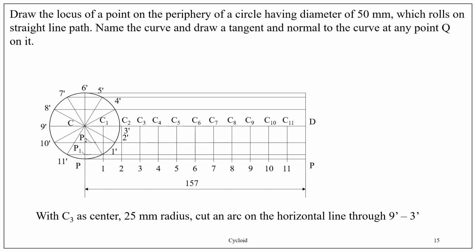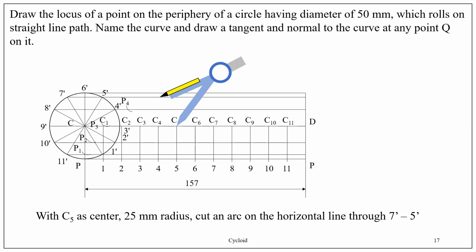Fix C3 as center, 25 millimeters as radius, cut an arc on the horizontal line through 9 dash 3 dash and obtain point P3.